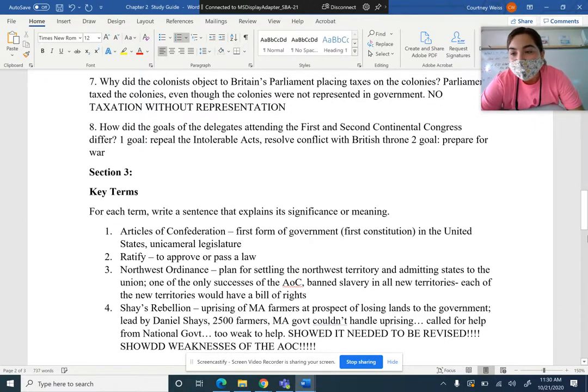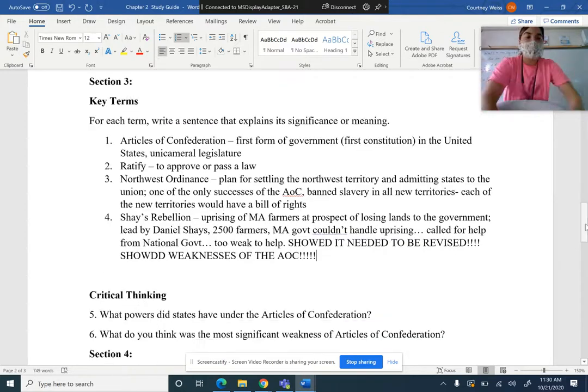So what happened was there was an uprising of Massachusetts farmers at the prospect of losing their lands to the government. It was led by Daniel Shays. It grew to be about 2,500 farmers that were rioting and storming the courthouses and the banks, saying, "Do not take our lands." Basically, it showed the weaknesses of the Articles of Confederation and that they had to be revised.